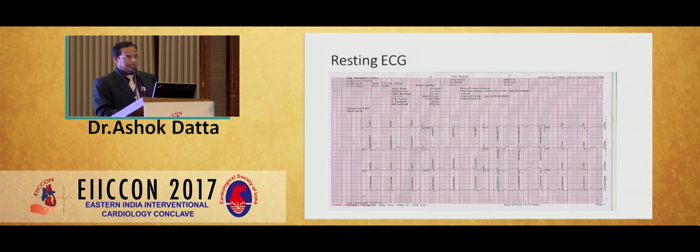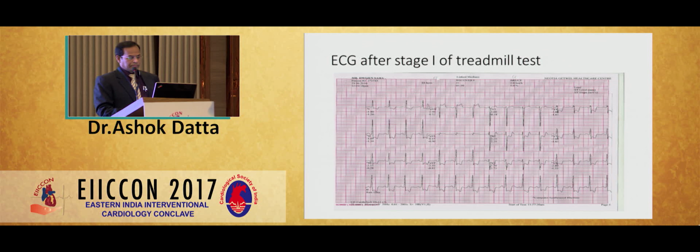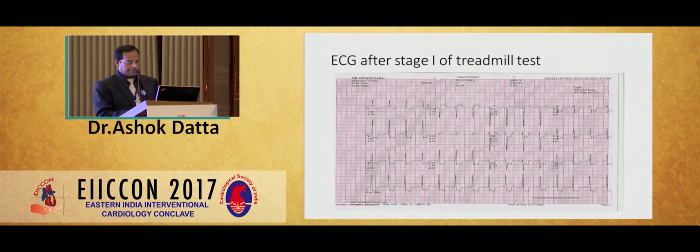So this is the resting ECG showing ST-T changes in the anterolaterals. ETT was done, I don't know why, because with such classical symptoms and this type of ECG change, definitely that needs angiogram directly. ETT shows ST depression in all leads with elevation in aVR.